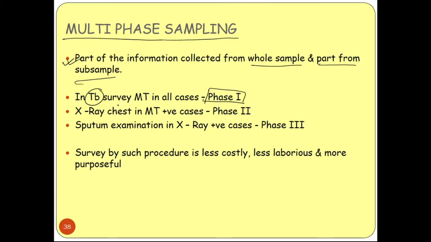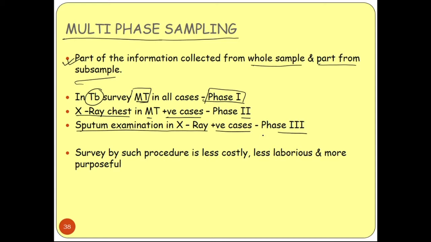Suppose this is a TB survey, and this is an MT survey, and we take an X-ray chest in MT plus, these are the positive cases. In phase 2 we are getting the positive values, the positive X-ray reports, and then sputum examinations. These are the positive cases. So this is actually the medical survey.